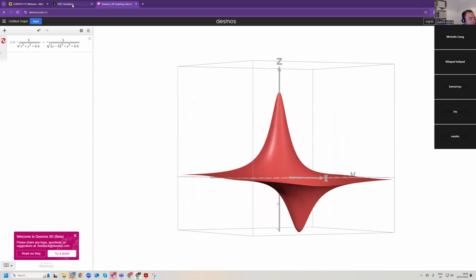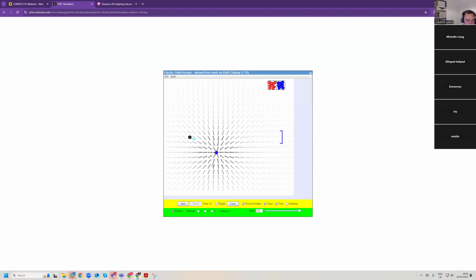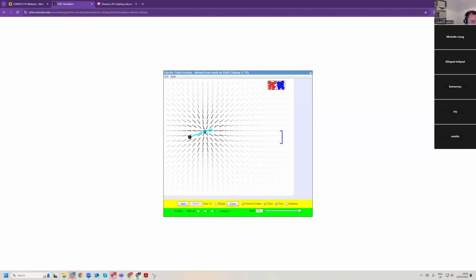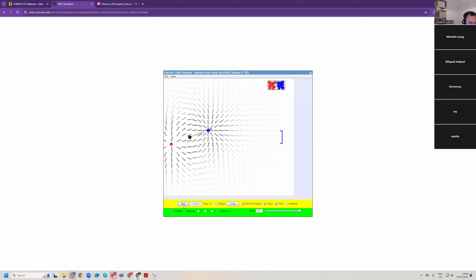Let's see if that can actually be demonstrated. I'm going to place a negative charge somewhere here, and a positive charge at exactly the same distance over here. And when I release, look what happens to the puck. It starts off really quick, but as it goes further away, it slows down, slows down, slows down.